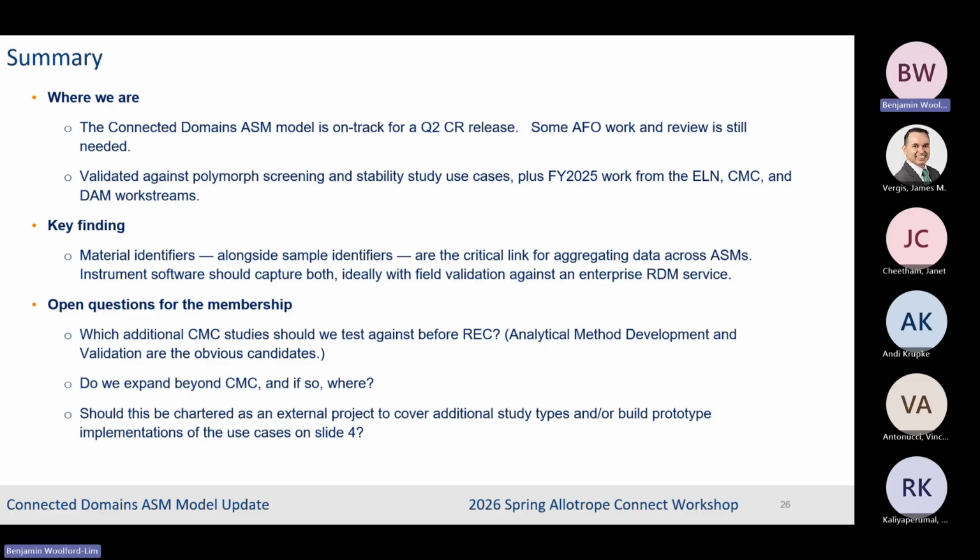We looked in depth at two use cases, plus we have all the 2025 work around ELN, CMC, and the digital analytical method work streams. The key finding here was unique identifiers for measurement IDs, and that materials are important.